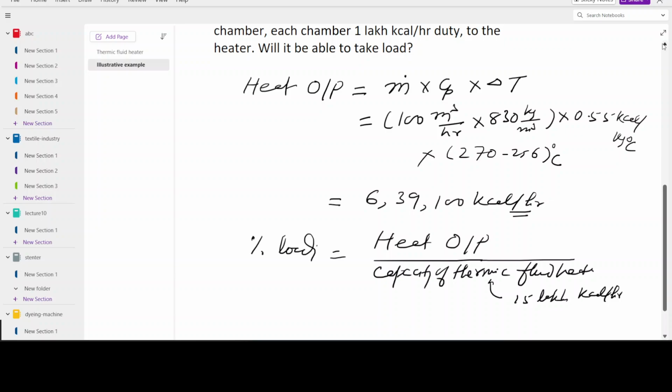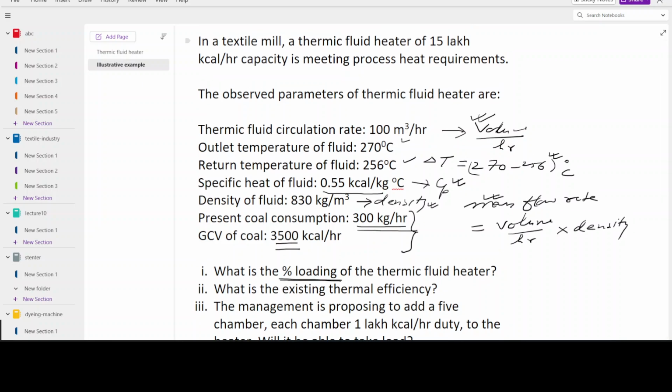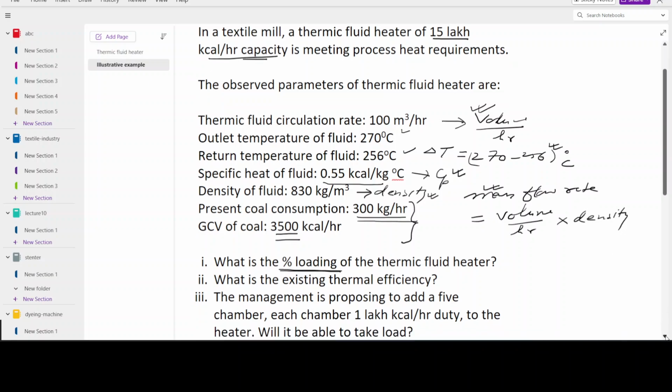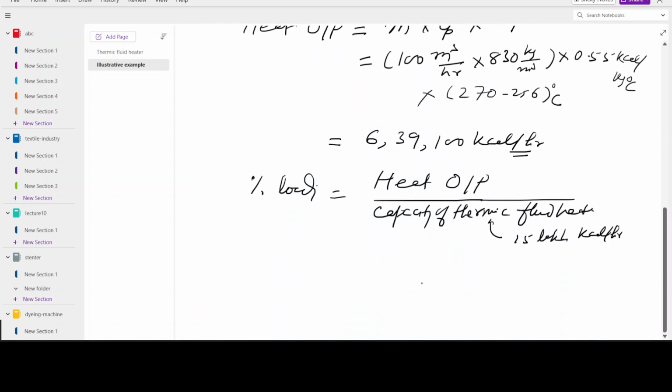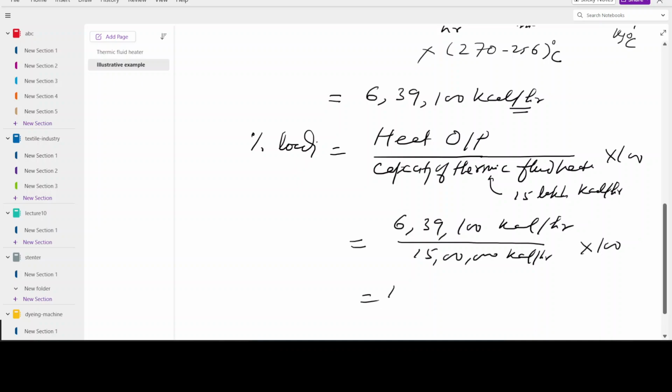In the question itself, you can see this is the capacity, 15 lakh kilocalorie per hour. So put these two values: 6,39,100 kilocalorie per hour divided by 15 lakh kilocalorie per hour, multiplied by 100 for percentage. This comes out to be 42.60%.